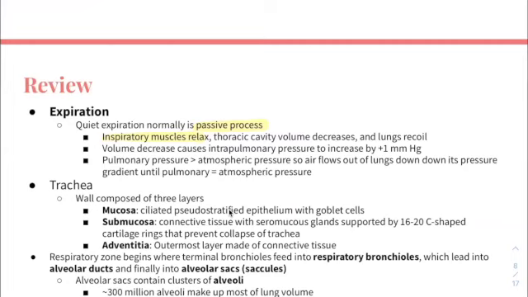So as the volume in your thoracic cavity decreases, that intrapulmonary pressure is going to go up by 1 millimeter of mercury. So pulmonary pressure is greater than that atmospheric pressure. So that's another reason why air flows out of the lungs. Because we again want to get that pulmonary and atmospheric pressure equal to each other.